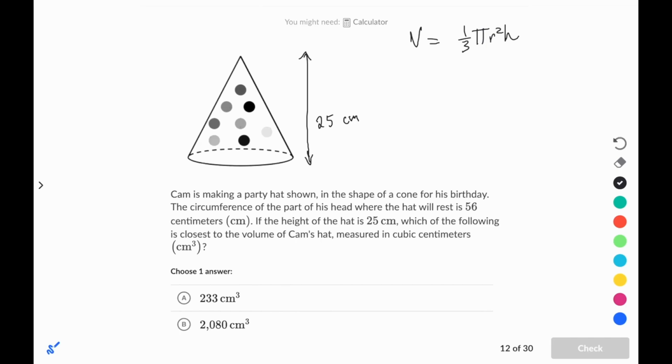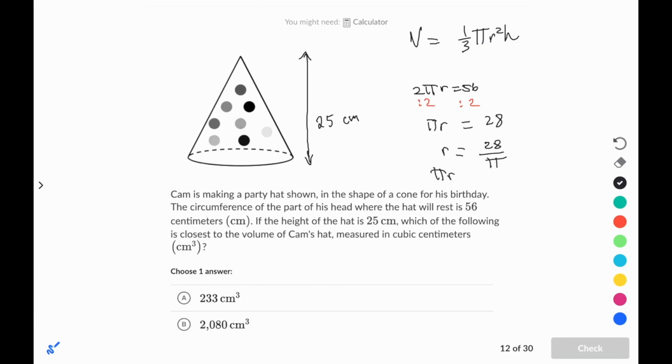We know that the circumference is 56 centimeters, and we know that the circumference is 2 pi r. So 56 equals 2 pi r. Let's divide both sides by 2, which gives us pi r equals 28. Okay, and r would be 28 over pi.